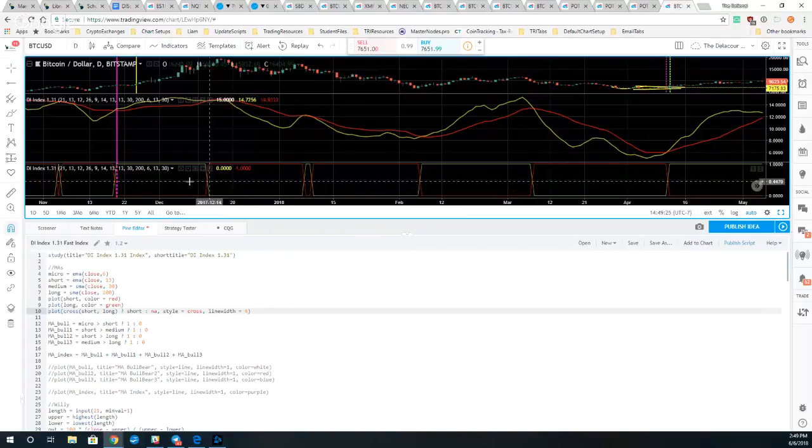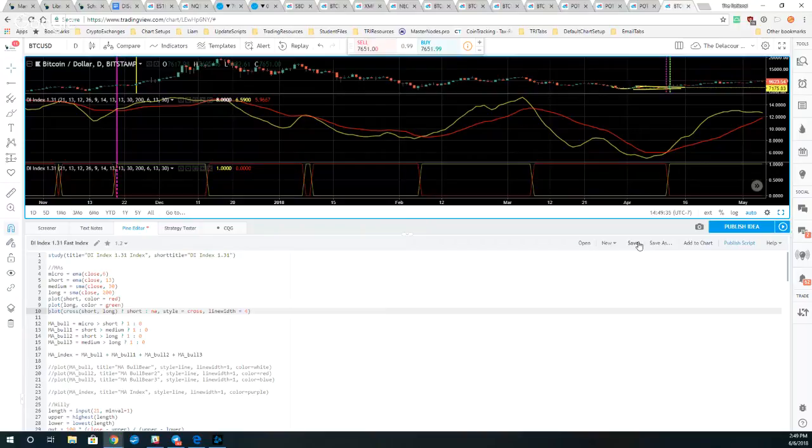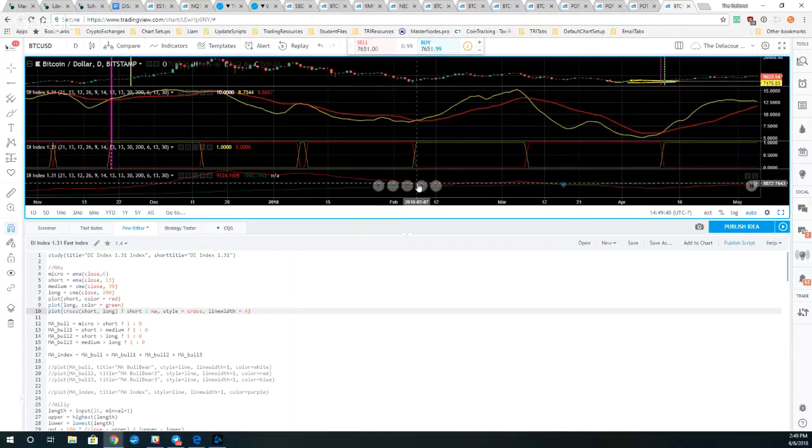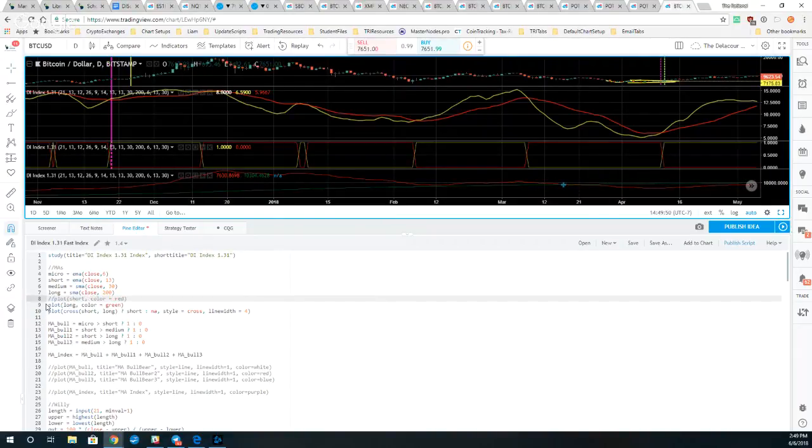I commented the signaling lines out, and I've commented the moving averages back in. So when I add this to the chart, now it's the study of the moving averages. Do you see that?